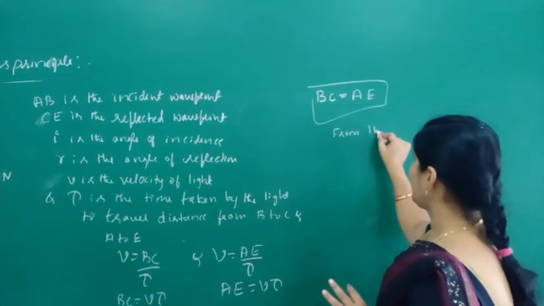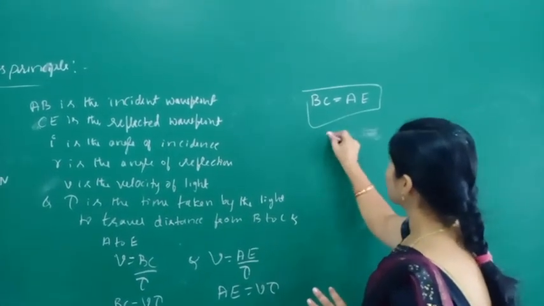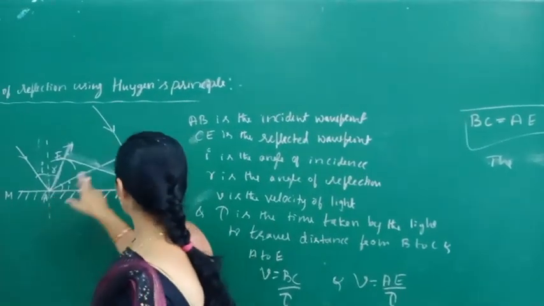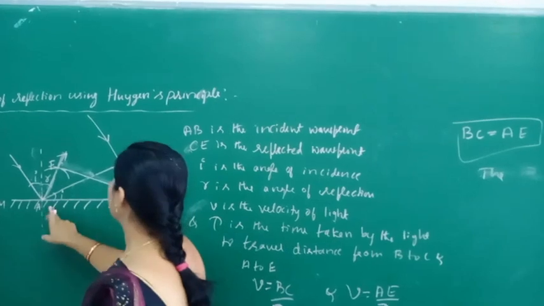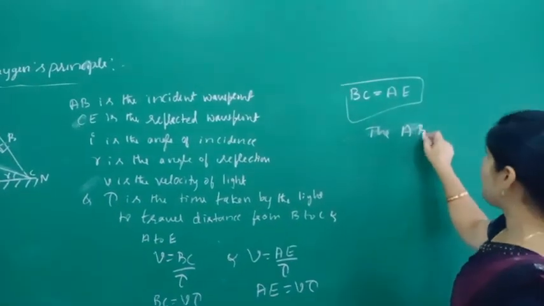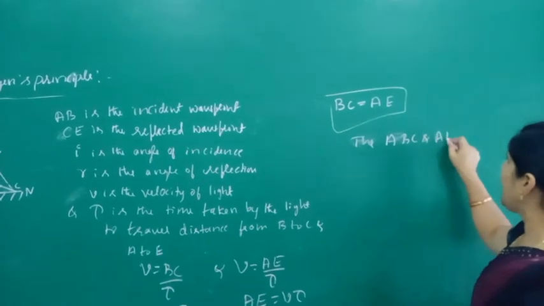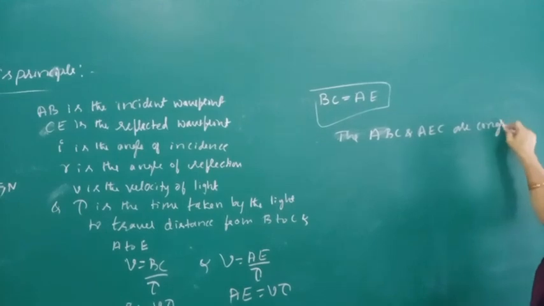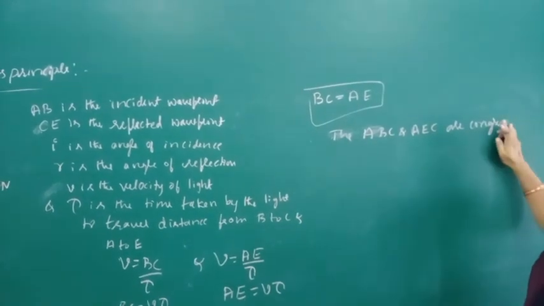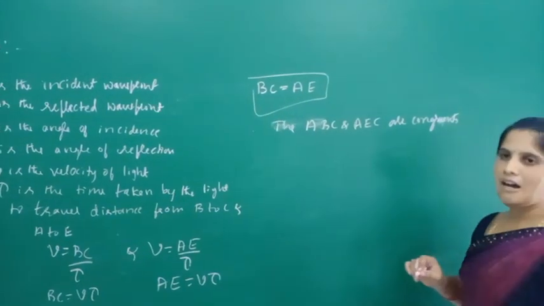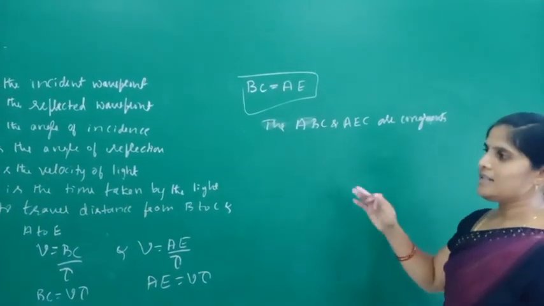Therefore, here we have two triangles, ABC and AEC. The two triangles ABC and AEC are congruent. If two triangles are congruent, then their corresponding angles are the same.